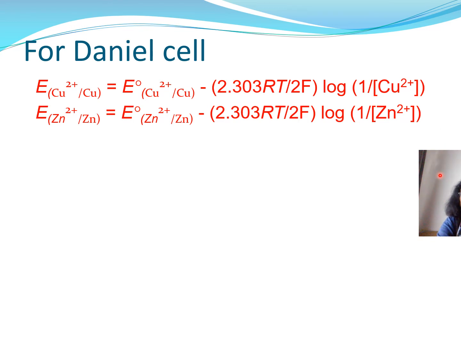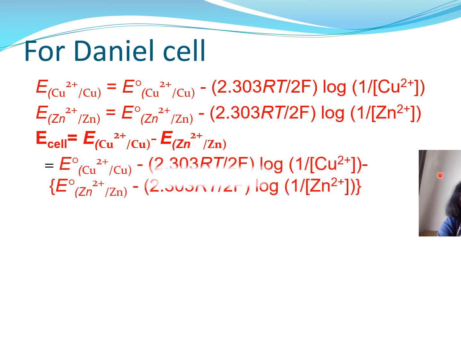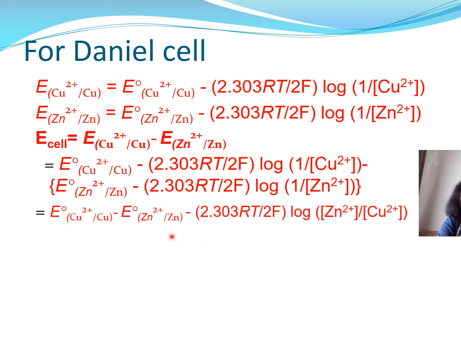Now you know E cell equals E cathode minus E anode, so it will be copper minus zinc. So this equation minus that one gives E naught copper ions copper minus E naught zinc ions zinc minus 2.303 RT by 2F, if we make it common, log zinc ions upon copper ions.